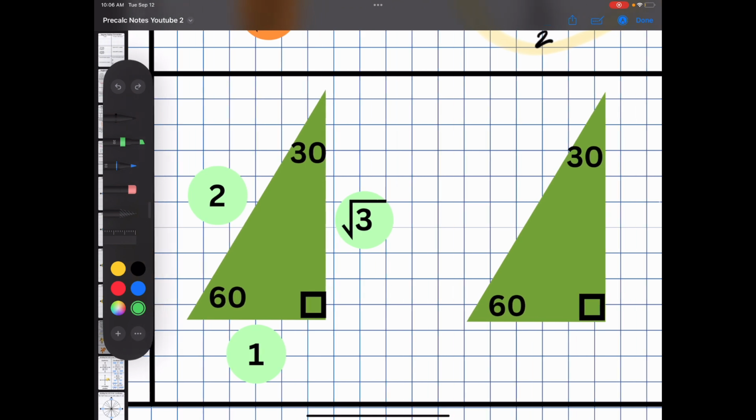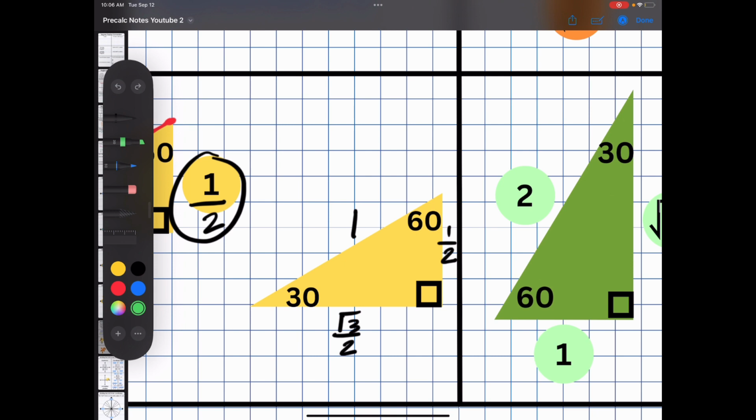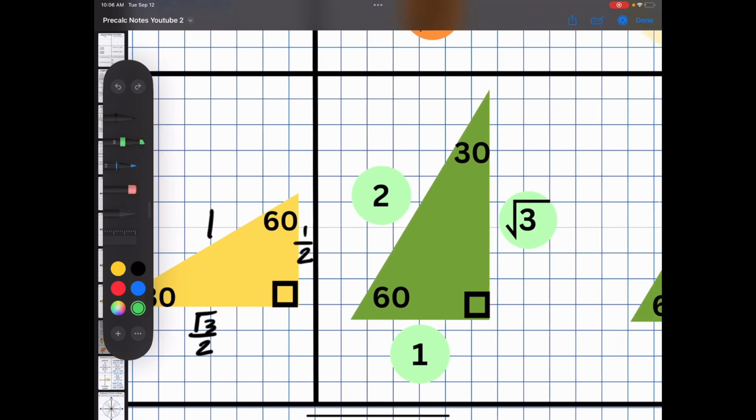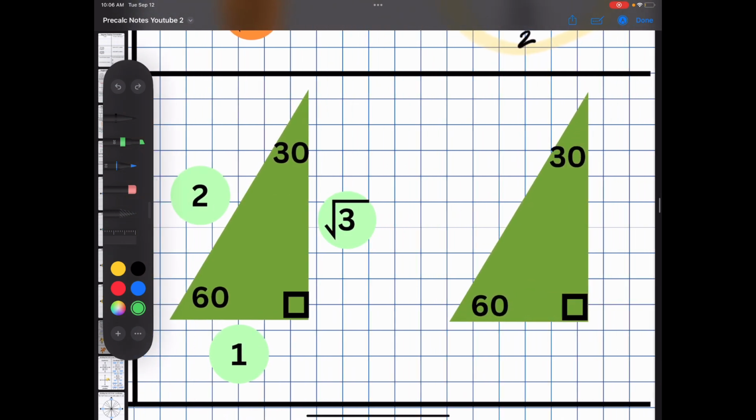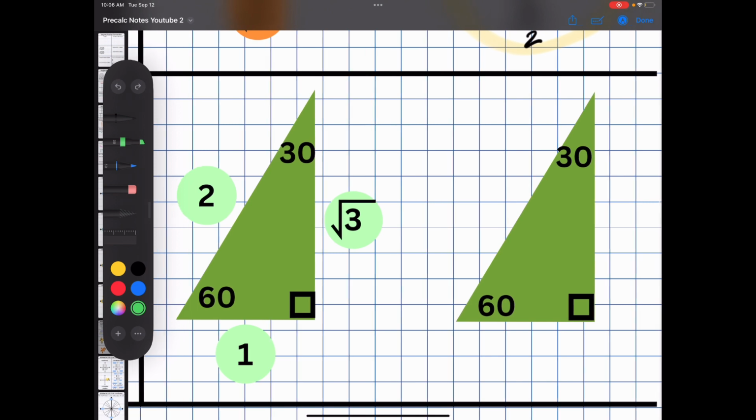Now, this is also a 30, 60, 90, but instead of it laying on the longer leg, making it shorter, it's currently laying on the shorter leg, making it taller. And so we're going to do the same thing. Divide everything by 2, making my sides radical 3 over 2 and 1/2. Okay?